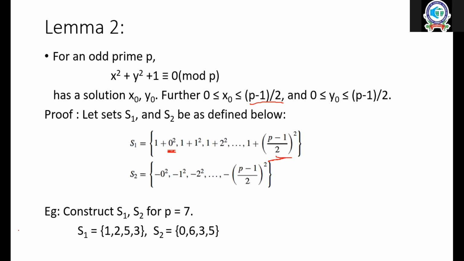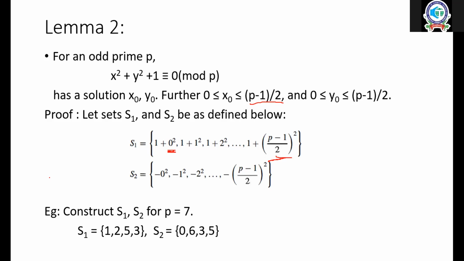If they are equal, here equal means congruent modulo p. Then what happens? If they are congruent modulo p, then 1 plus a square is congruent to 1 plus b square modulo p.